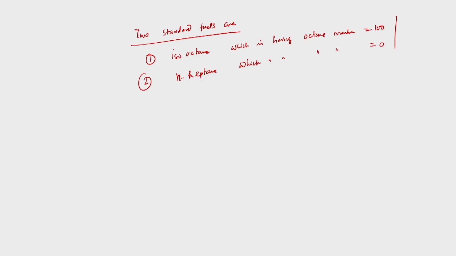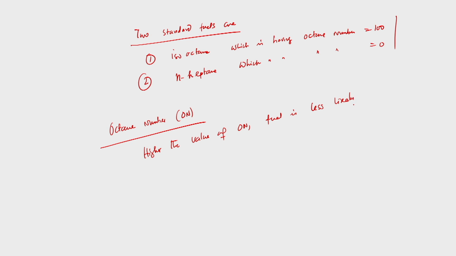Now, the question is: if the octane number value is high, what does that indicate? Writing the octane number as ON, the higher the value of octane number, the less likely the fuel is to self ignite.